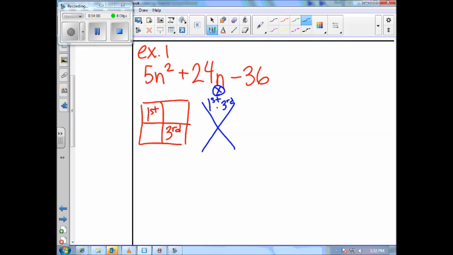So timesing by 1 didn't change anything. And then we're going to always add to the second coefficient. Yes? No? Okay? So, let's do this problem now.